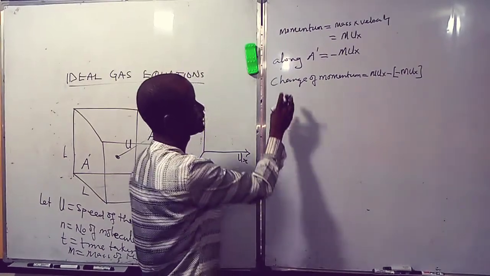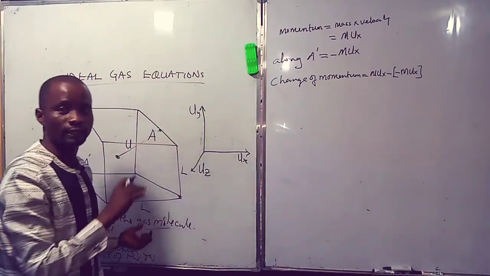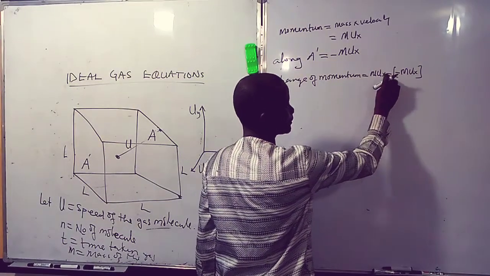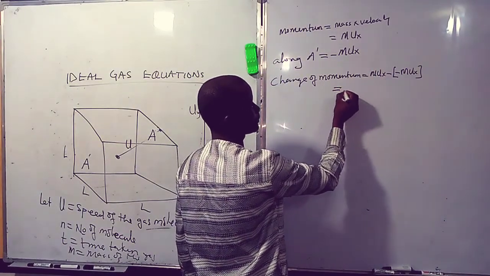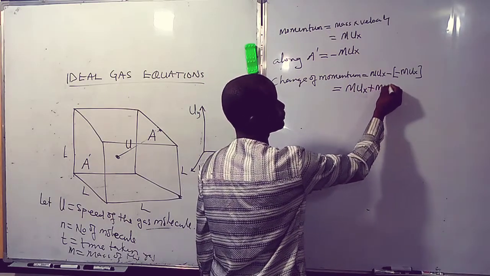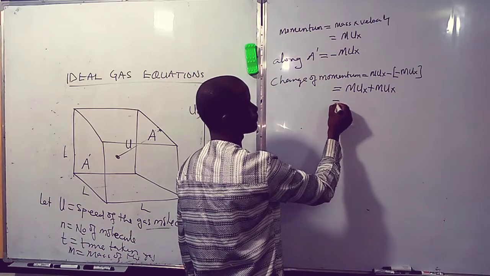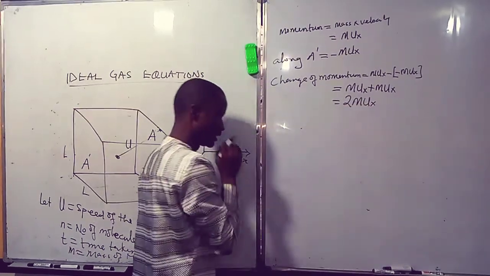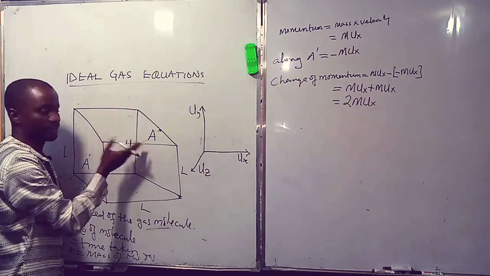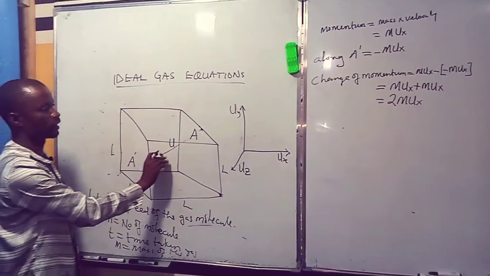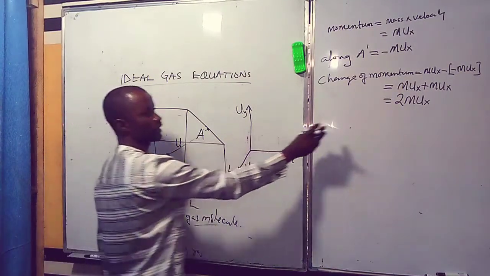Minus times minus is plus. At the end we are going to have 2mux. That shows that along the x-axis, the change of momentum of the gas molecule along a single axis is 2mux.